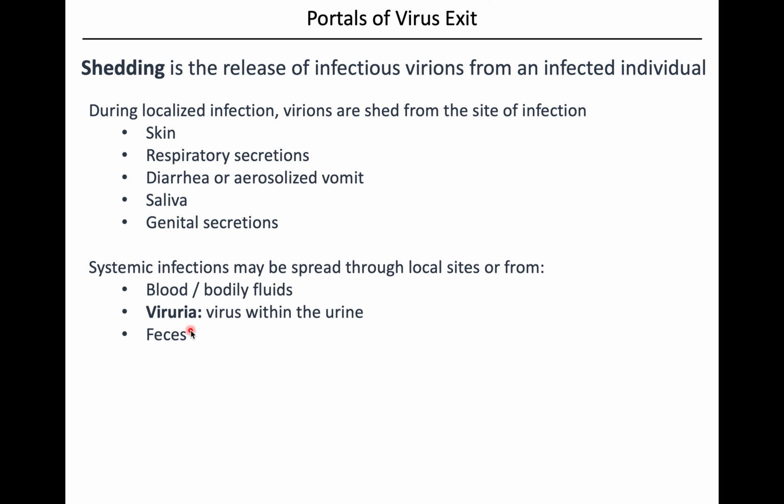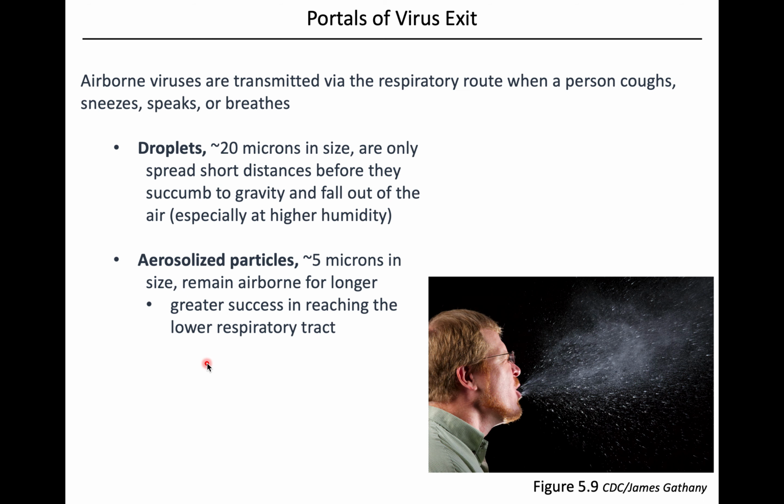I'm not going to go through all of these like we did with portals of entry. Instead, I'm just going to focus on respiratory secretions here, particularly relevant since this is thought to be the primary portal of exit for COVID-19, although it can also be found in feces and saliva and genital secretions. I think that's been demonstrated as well.